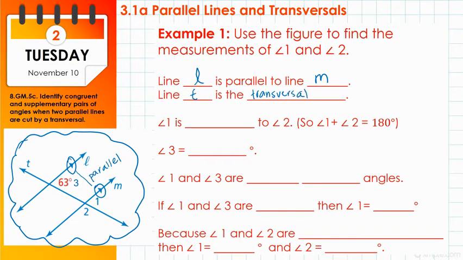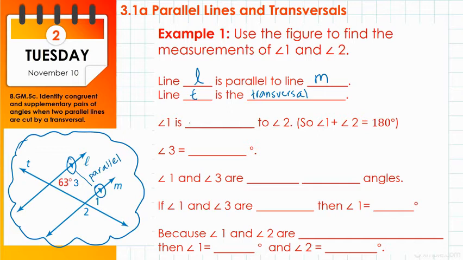Because we have parallel lines cut by a transversal, then we can begin to understand how the relationships of the angles will work out. So angle 1 to angle 2. And we see that angle 1 plus angle 2 is 180 degrees.